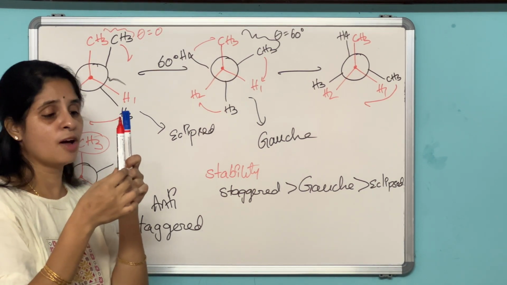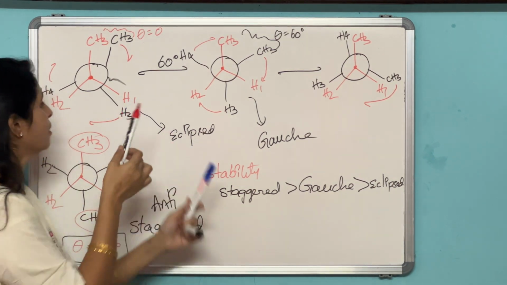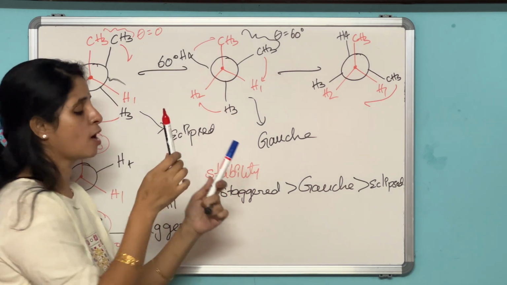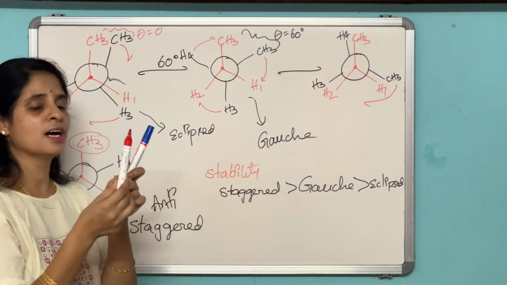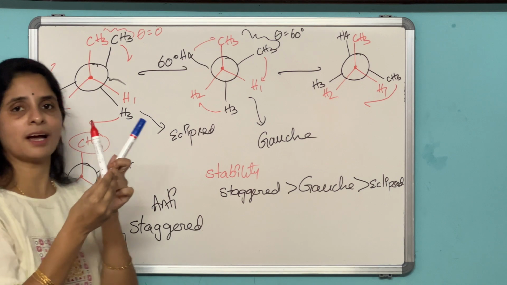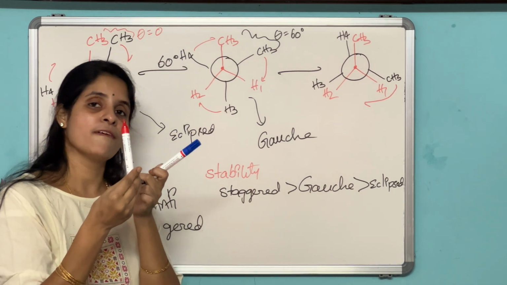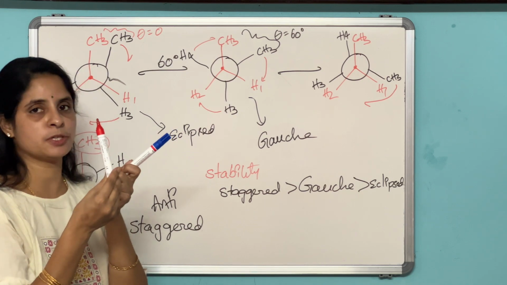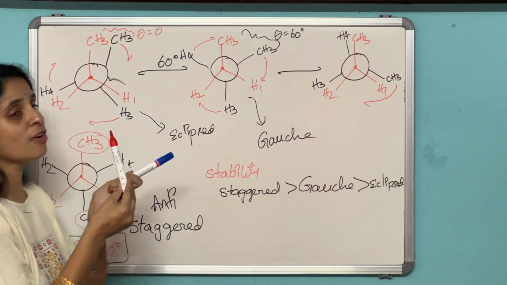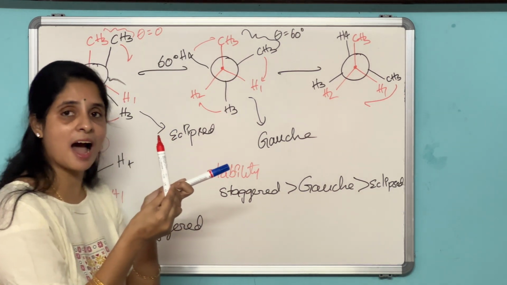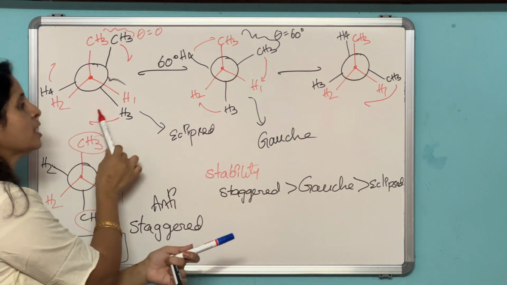But if you compare the eclipsed form and the Gauche form, where we keep the front carbon constant, here they are spatially farther apart compared to the eclipsed form. So the van der Waals forces of repulsion are less in the Gauche form than in the eclipsed form.